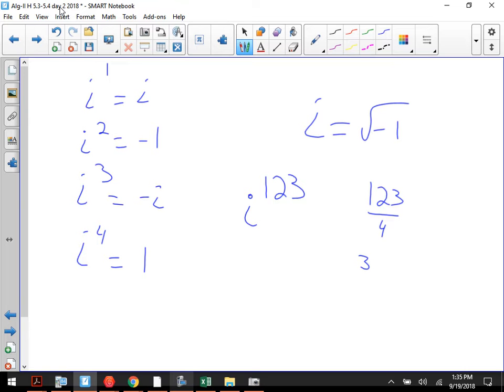No. So then you've got 3/4 left, which means it's 30 and 3/4, or 30.75, if you will. So it's -i. Because what happens here is you get i to the 120th times i to the third. i to the 120th is a multiple of 4, which means it's 1.